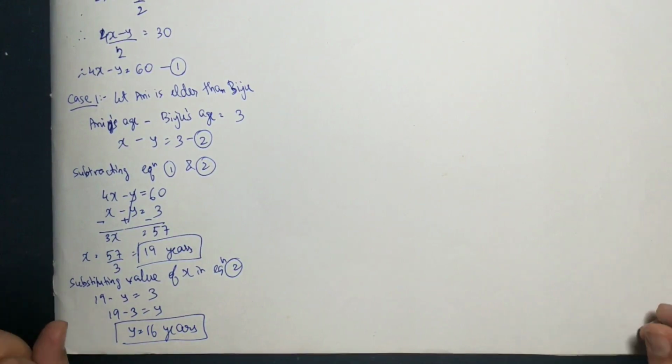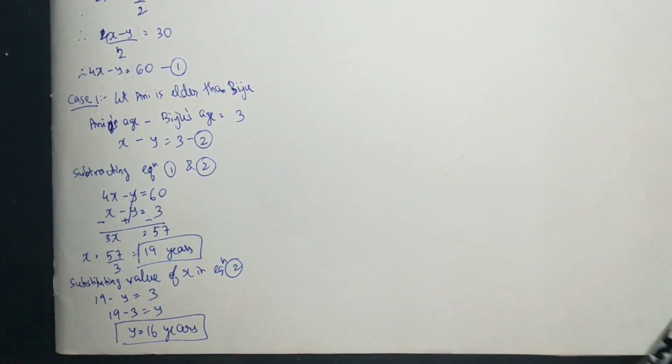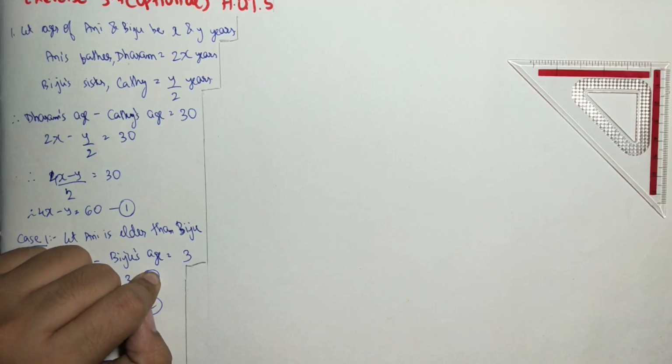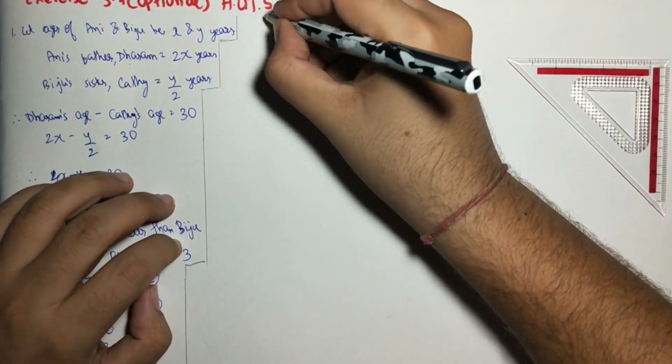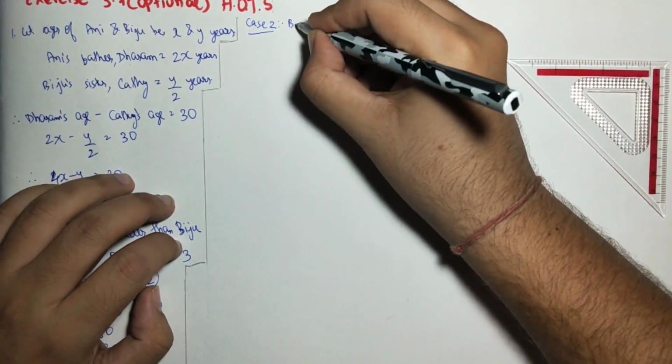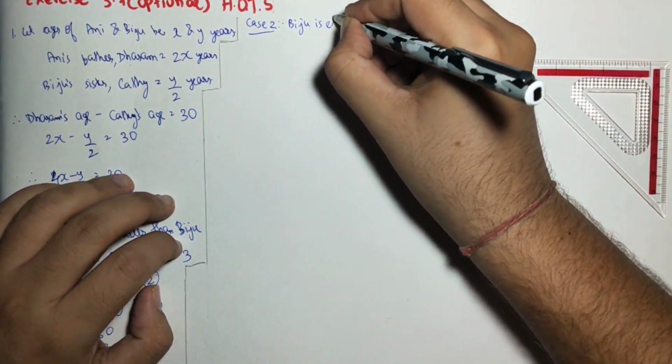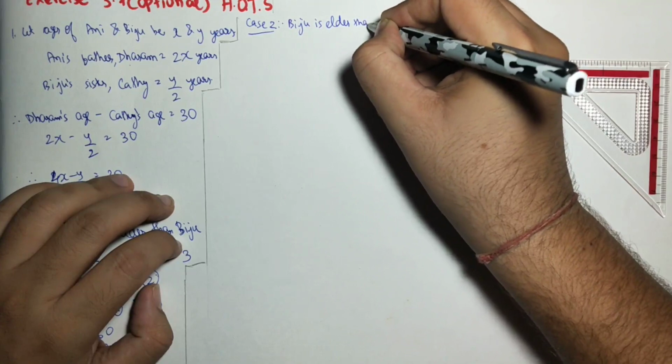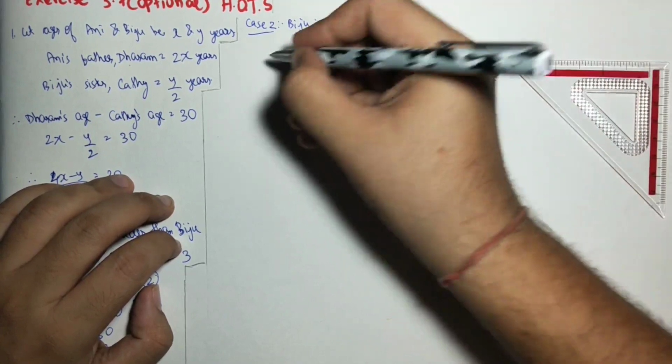Now the second condition, what if Biju is elder than Annie? If Biju is elder than Annie, we have to consider the second equation as a different value. So case 2, Biju is elder than Annie.